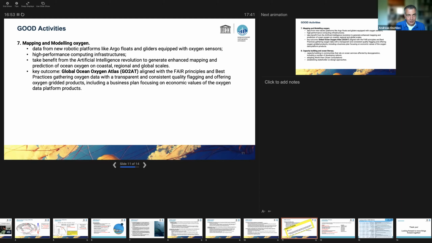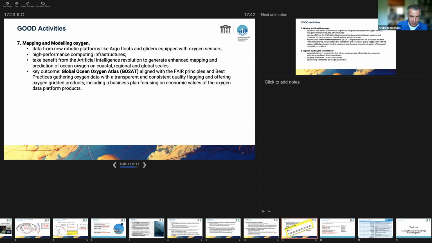So far, we do not have a very good link to coastal areas, and we don't have a very good overview of our temporal changes. So here is something also probably linked with GLODAP and SOCAT, different atlases. So we are building, in between all these currently established atlases, a new global ocean oxygen atlas.